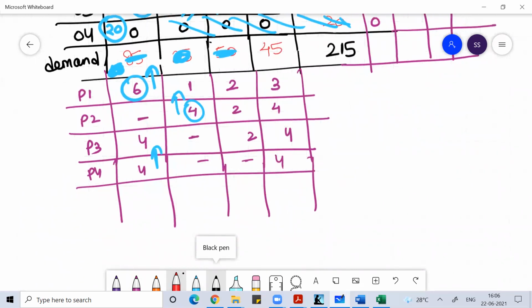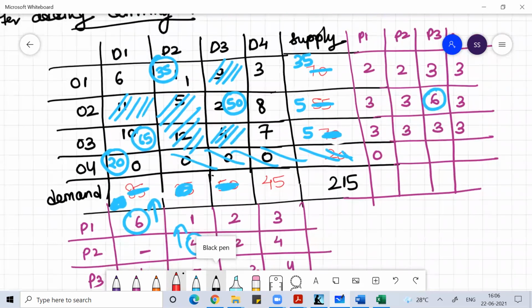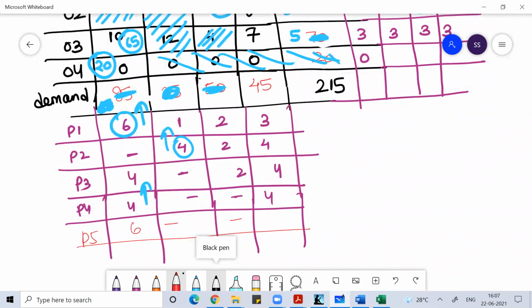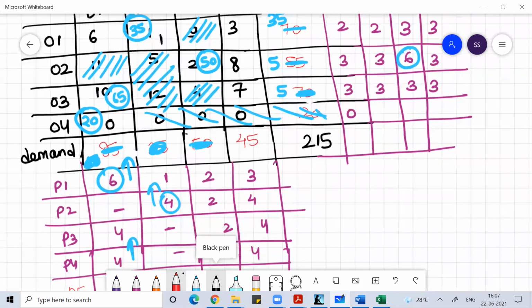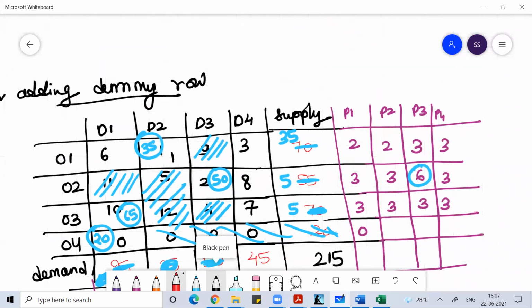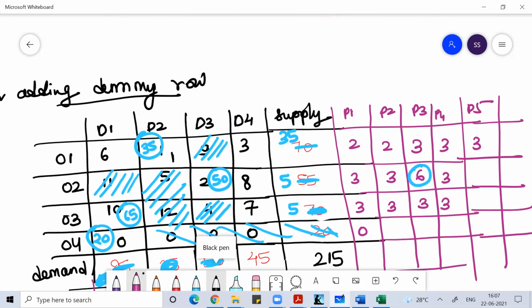Now if I find P5, penalty 5: this one is 6, second, third done. This is 6, second, third done. And then the fourth one is 4. The penalty here is 3, the penalty here is 3, and then this is 8, and then this is 7.